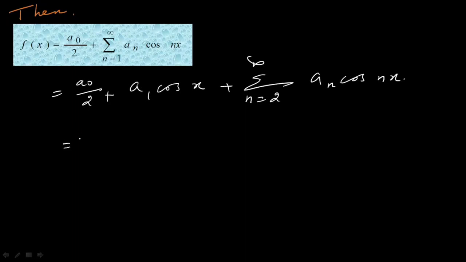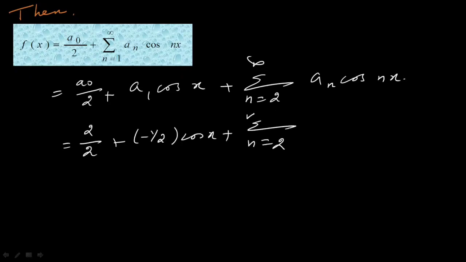So you know the values. The value of a0 we calculated is 2 divided by 2, plus a1 value we calculated as minus 1 by 2 cos x, plus sigma n from 2 to infinity. The value of an you have calculated is minus 2 times minus 1 whole power n divided by n square minus 1 cos nx.